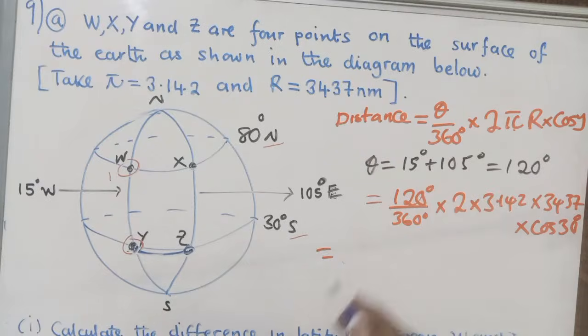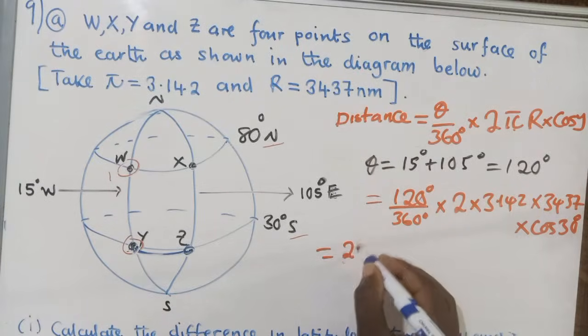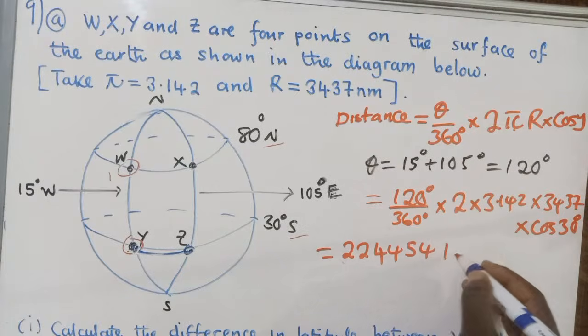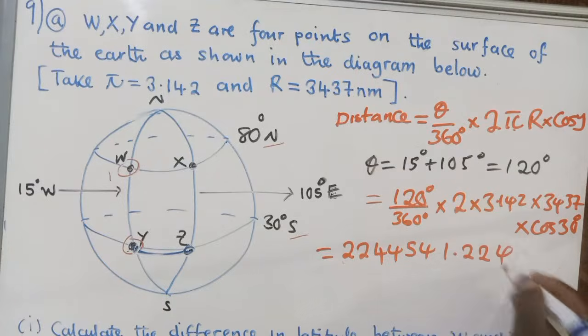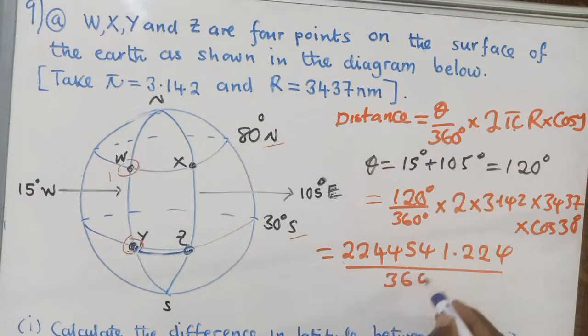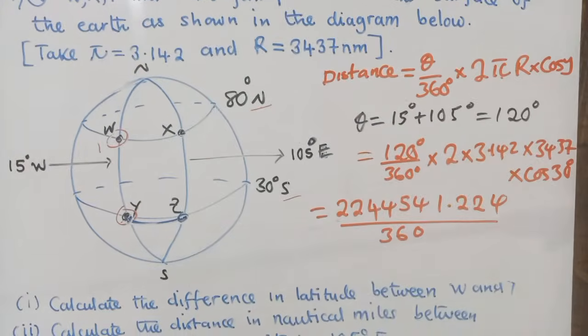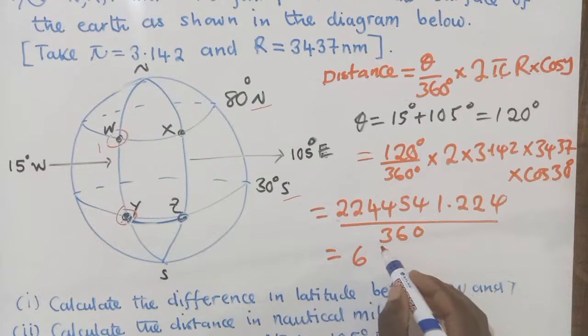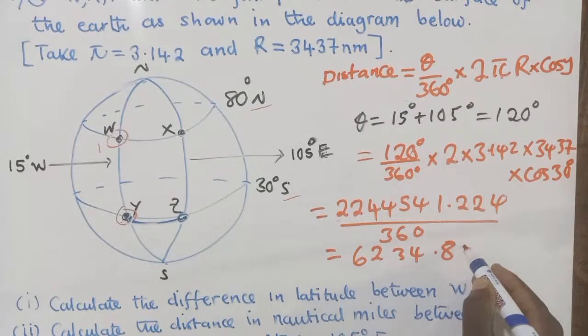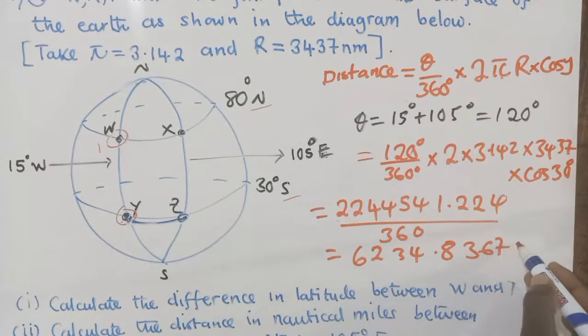I'm getting something like 2,445.1.224 over everything over 360, like we did, over 360, of which your final answer will be 6,234.836,734 nautical miles.